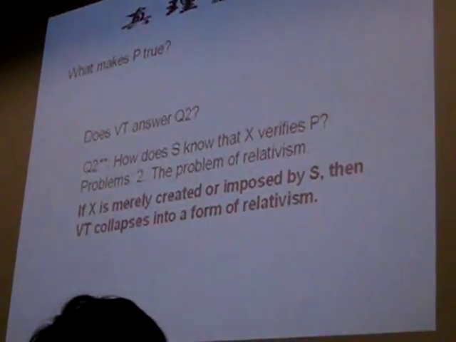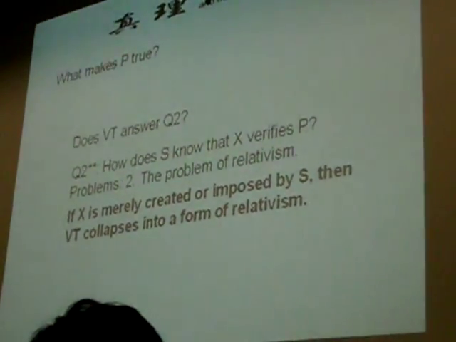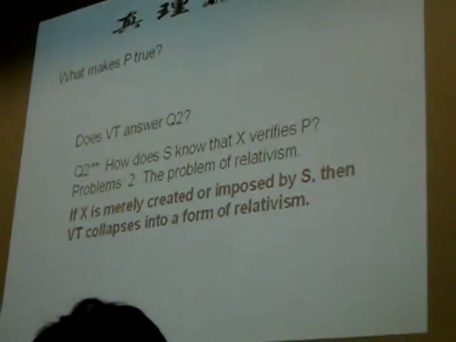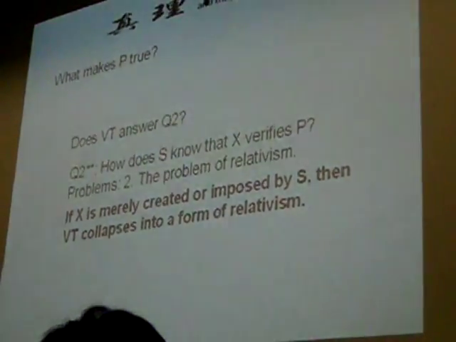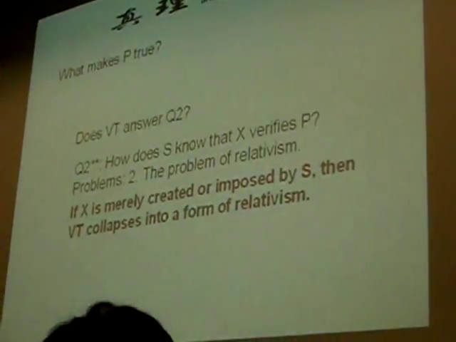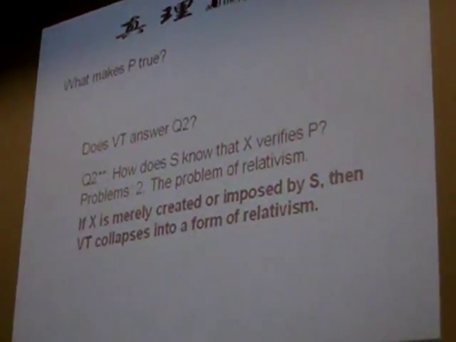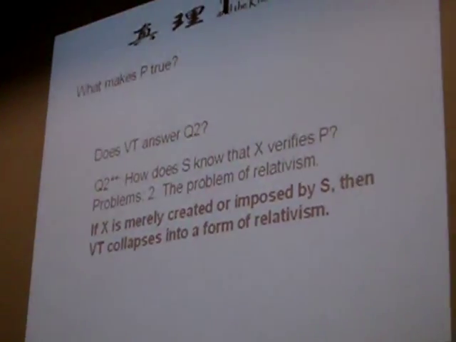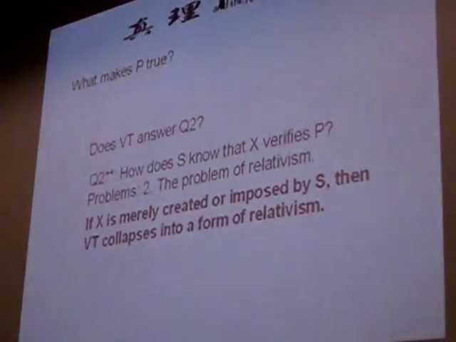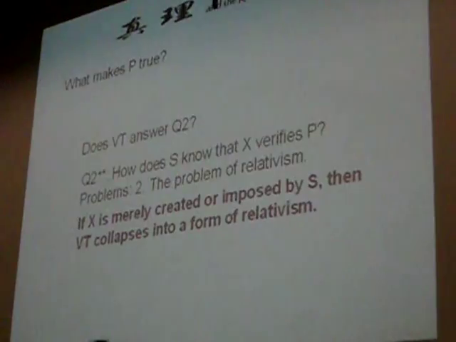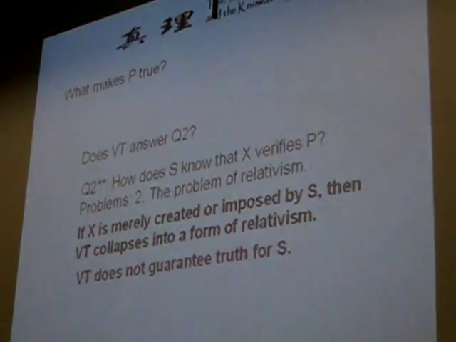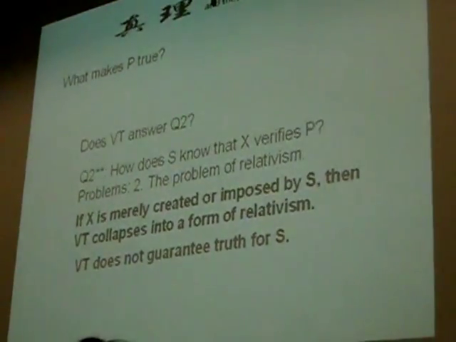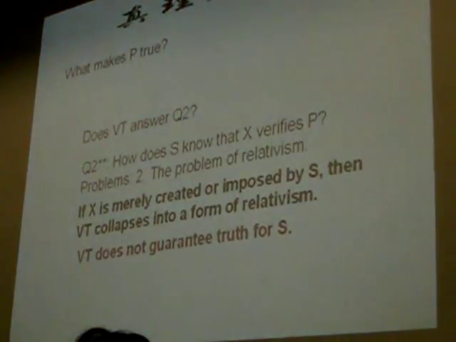Tapos sabi niya, how are you sure that that is true? And then sabi ko, if I drink coffee, tapos nabulunan ako, then you are ugly. So what I did there is I imposed a method of verification to verify whether the claim is true. So it collapses into a form of relativism. VT, same as CPT, does not guarantee truth for us.